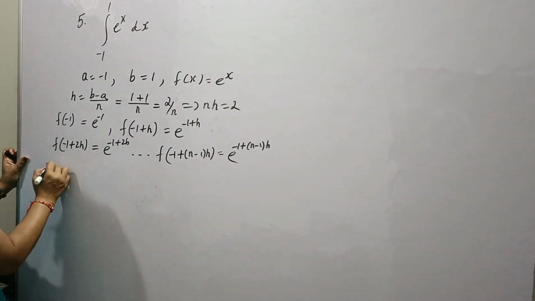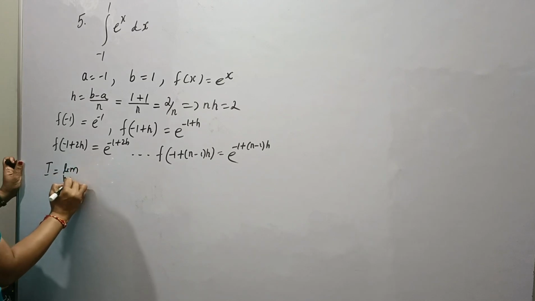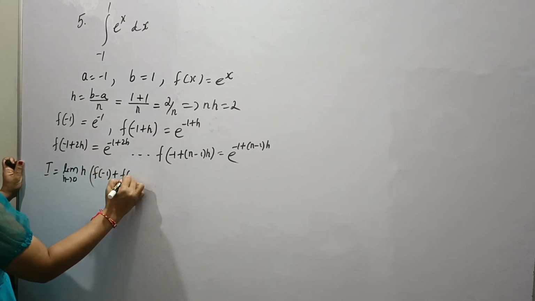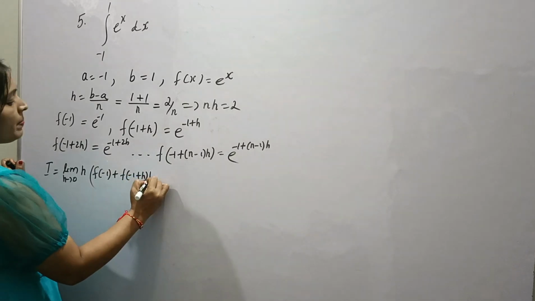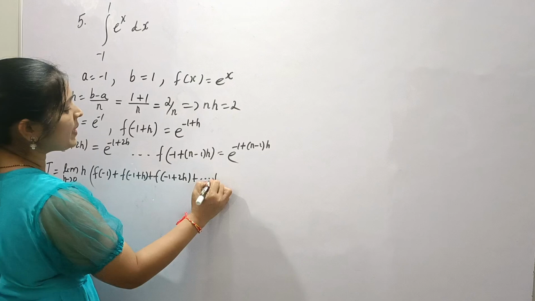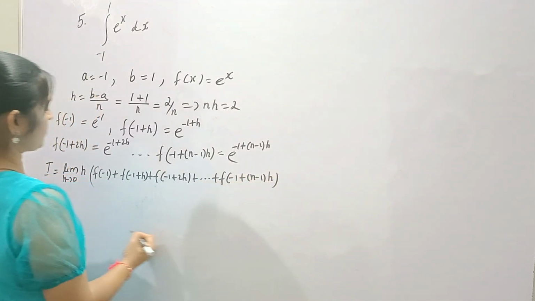Let's find the value of the integral, that is I is equal to limit h tends to 0 h into f of minus 1 plus f of minus 1 plus h plus f of minus 1 plus 2h plus etc. plus f of minus 1 plus n minus 1 into h.